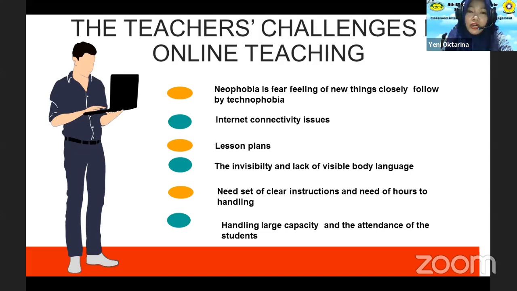And then the second one, the internet connectivity issue. The internet connectivity issue is also important. I mean, it's also challenging for the teachers because not all places, not all cities or villages, have good connectivity.